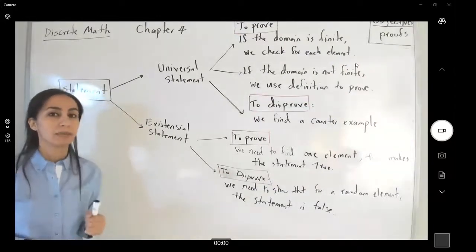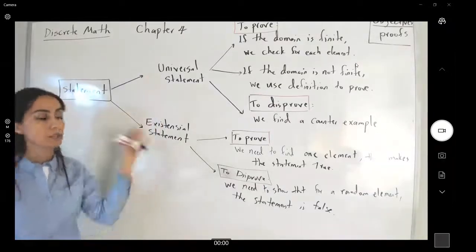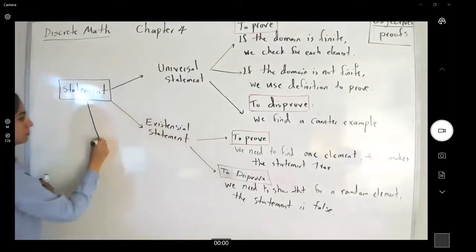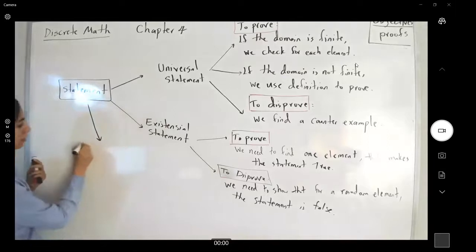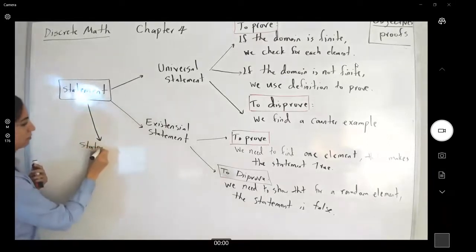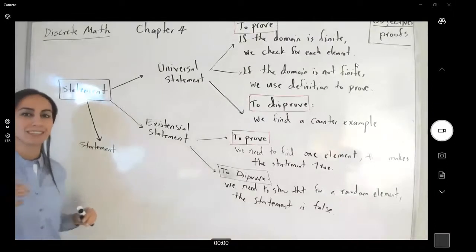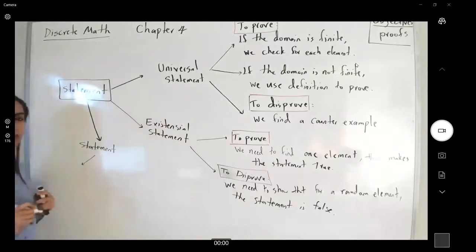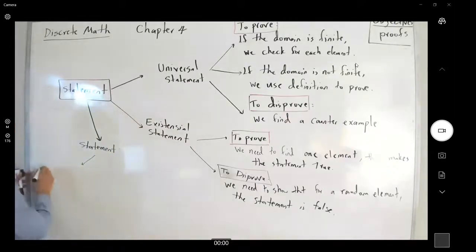Sometimes we have statements that are not in the category of being universal or existential. In this case, we can apply two different indirect proof methods. The first one is called proof by contradiction.